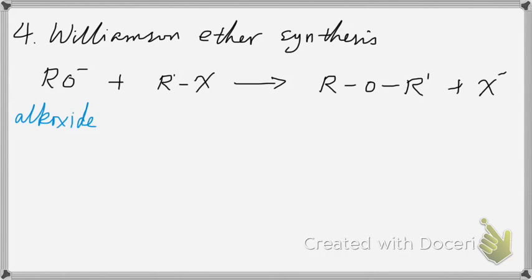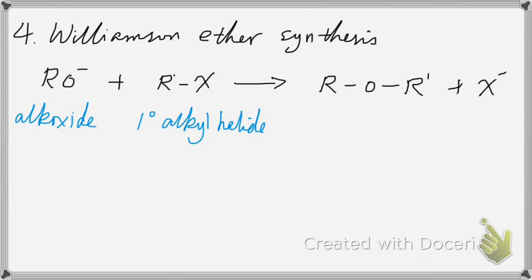The last method we will talk about here is relatively new to you, but you've actually seen the reaction before. It's called Williamson ether synthesis. In Williamson ether synthesis, we want an alkoxide, the conjugate base of the alcohol, to react with an alkyl halide.